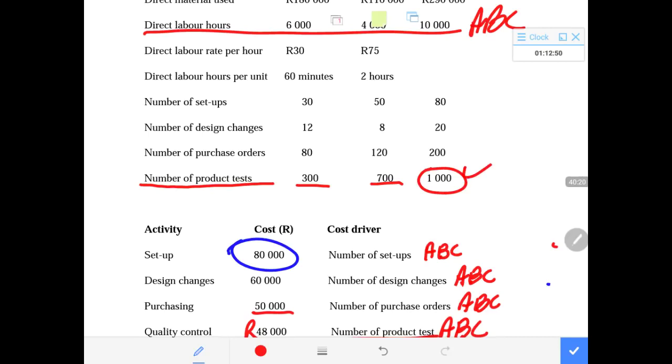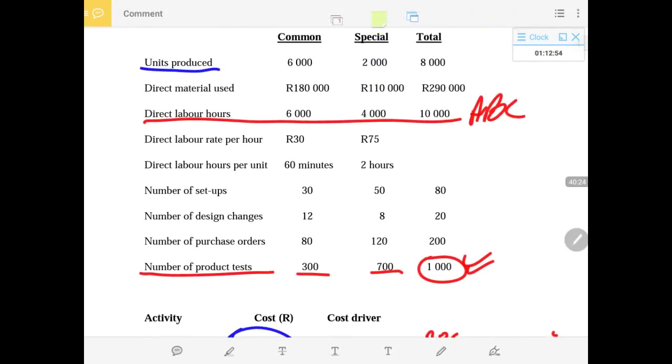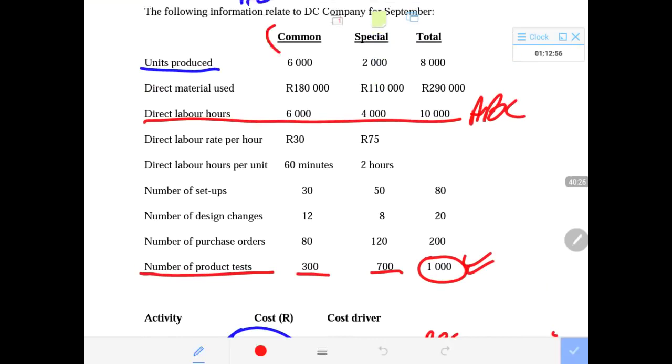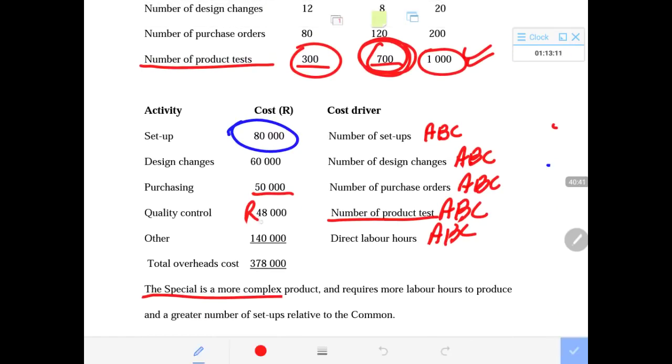We are looking for the total first in order for us to get the rate, because we need the rate for the two products. Then after, we allocate according to the number of product tests to Product Common, and to Product Special. So now we have the total of 48,000 that needs to be divided by the total of 1,000.